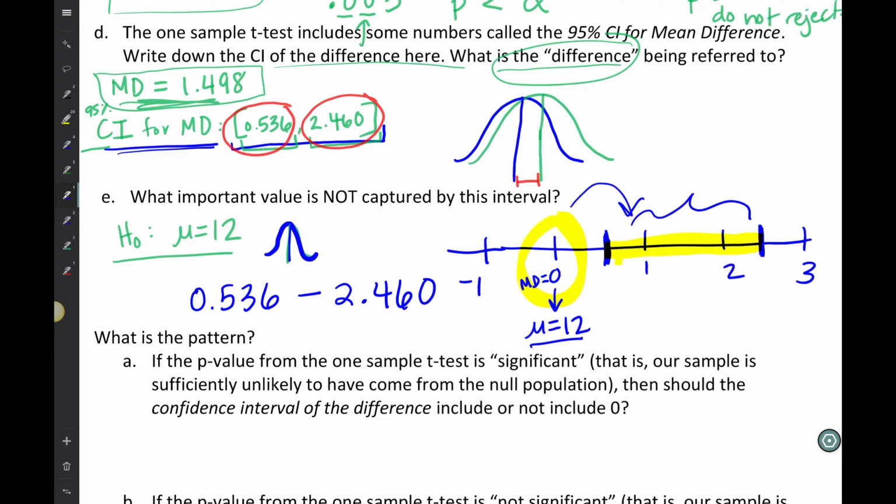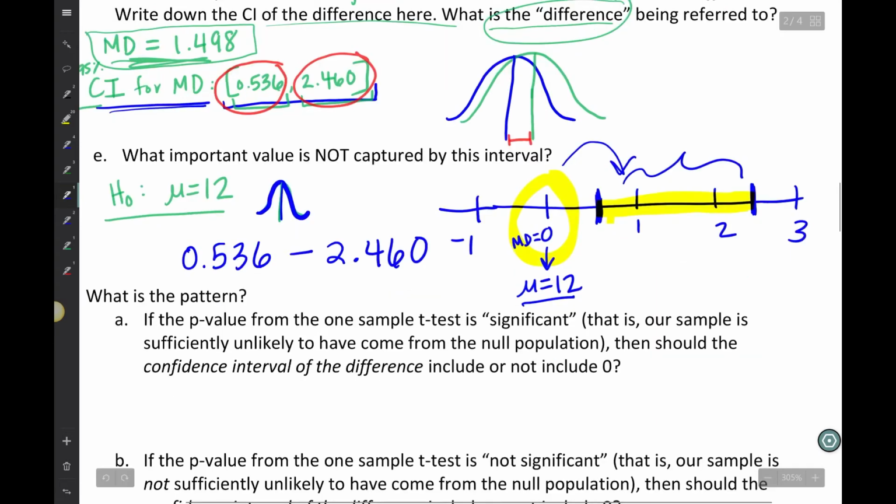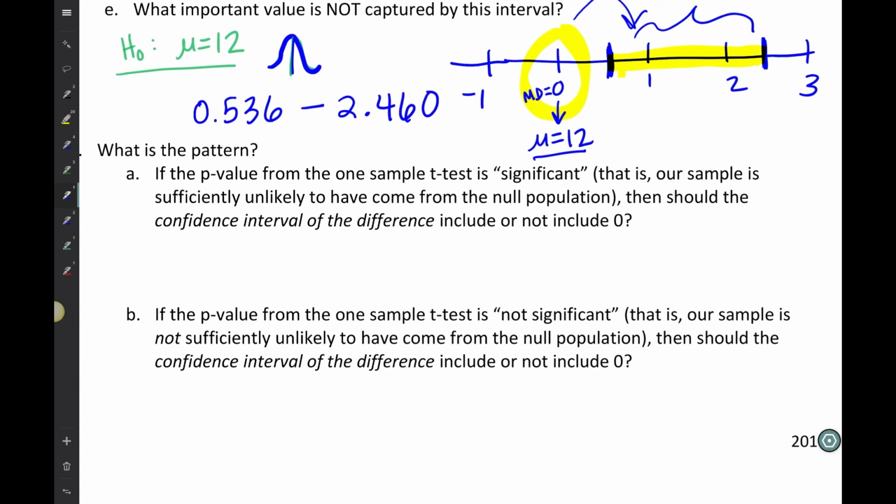So what is the pattern? If the p-value from the one sample t-test is significant, so if our sample was sufficiently unlikely to have come from the null population, right? So if our p was less than our alpha, meaning it's significantly weird, then would we expect to see a 0 in our confidence interval of the difference?